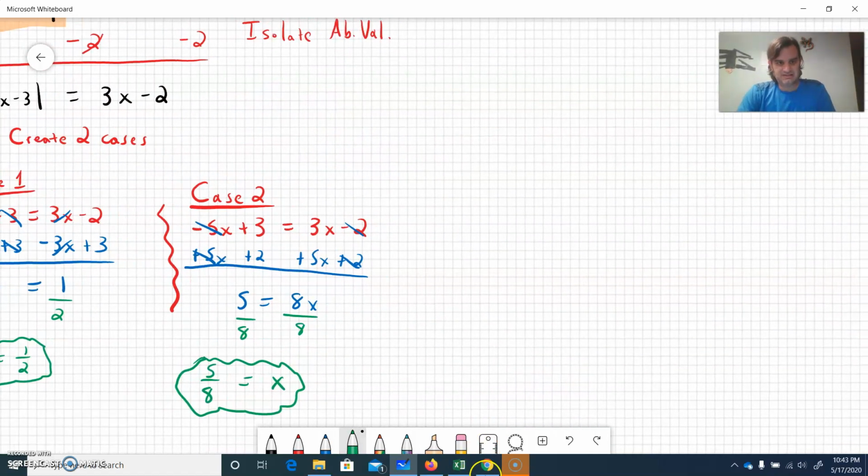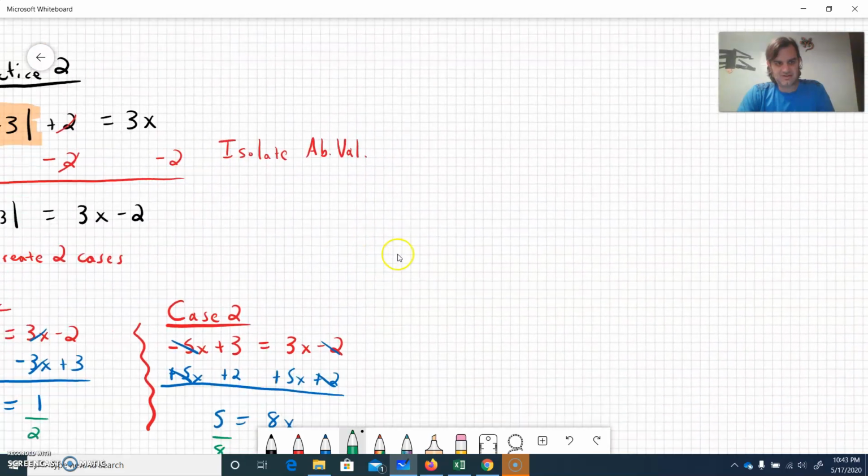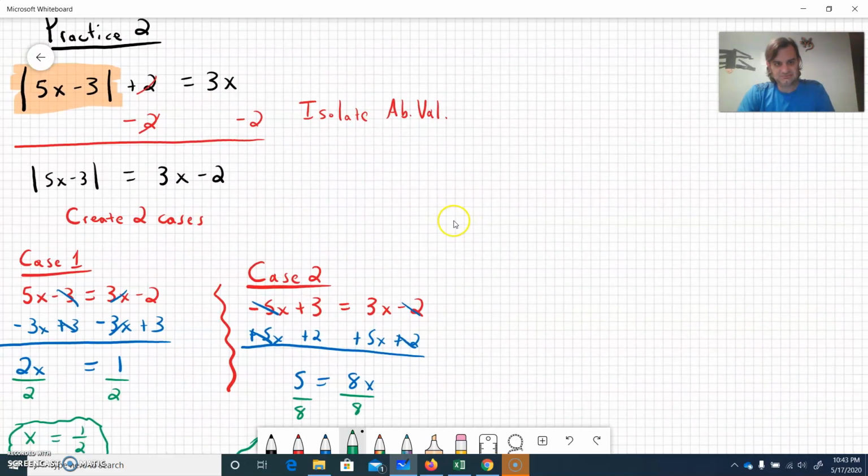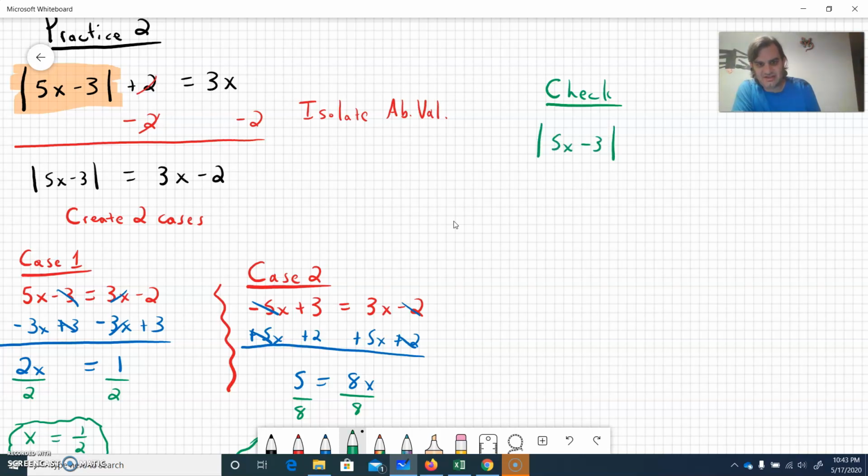So let's go back up here and rewrite our equation so we can remind ourselves. So we're going to go over here and we're going to check the equation. Absolute value of 5x minus 3 plus 2 equals 3x. So we're going to let x equal 1/2 for my first equation.